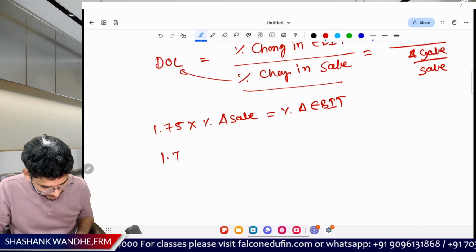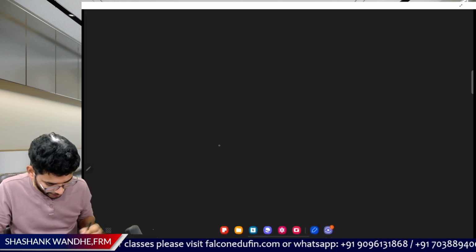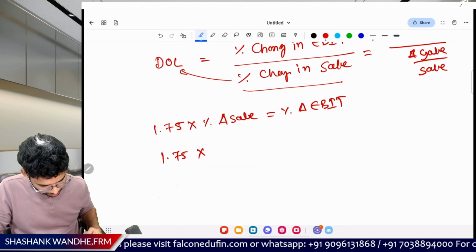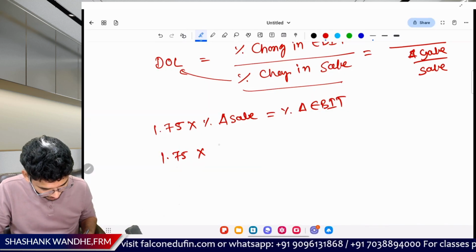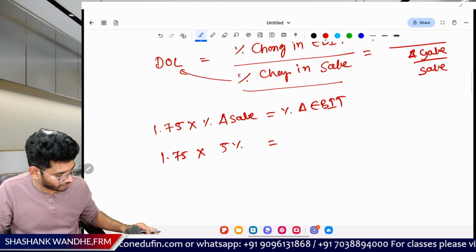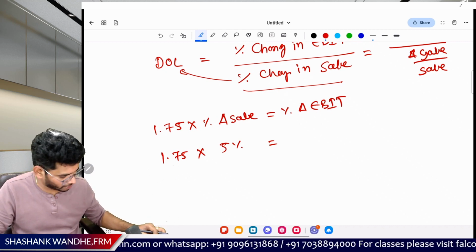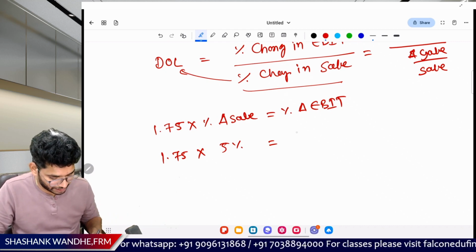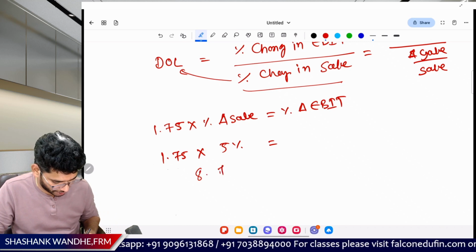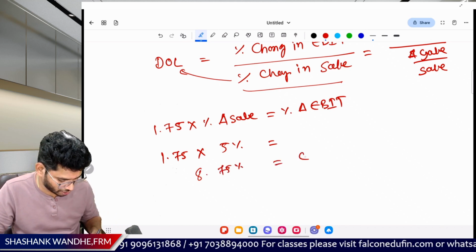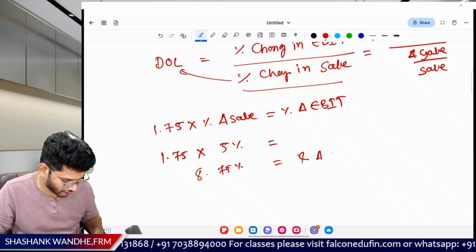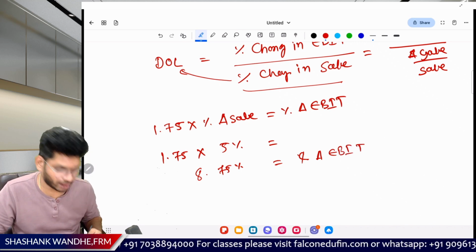So it is 1.75 multiplied by 5%, and 5 multiplied by 1.75 will be the total 8.75% change in EBIT.